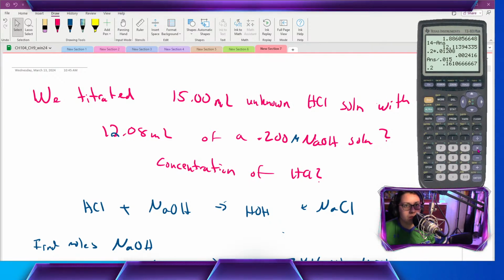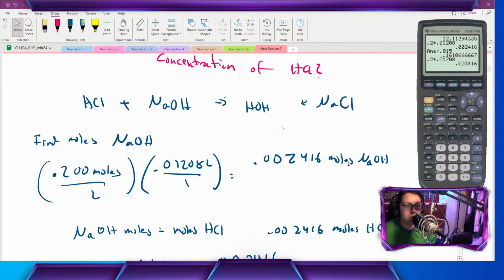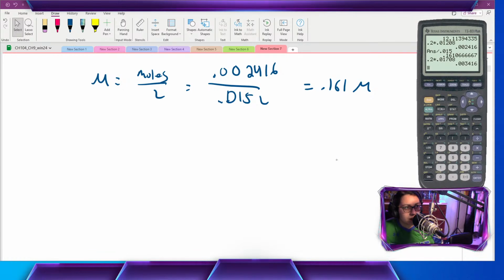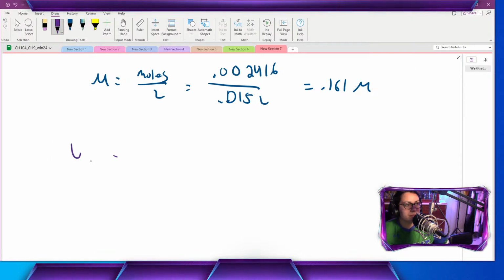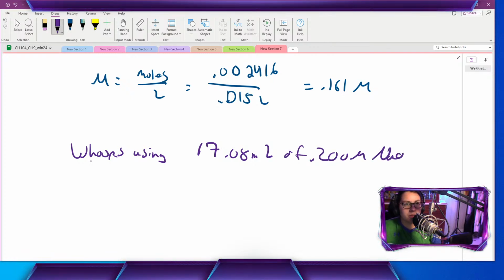We can redo this, so times 0.01708. That will change our moles. I'm going to use 17.08 milliliters of 0.200 molar sodium hydroxide.